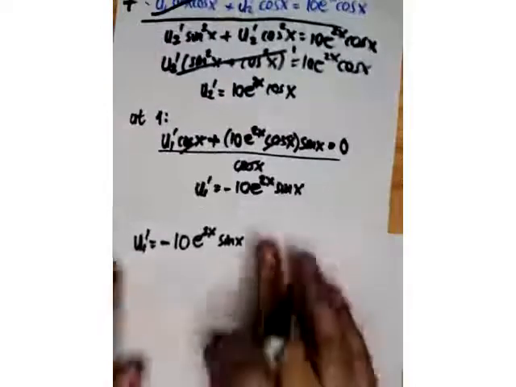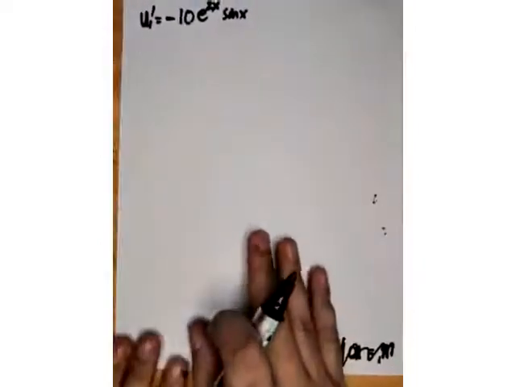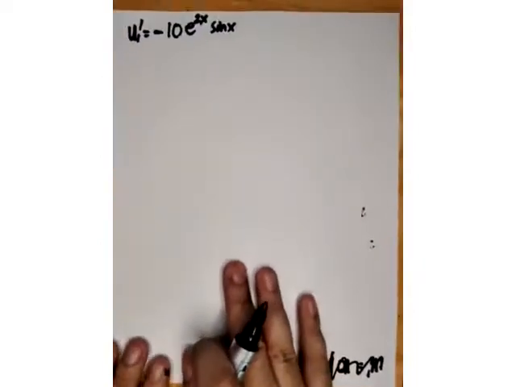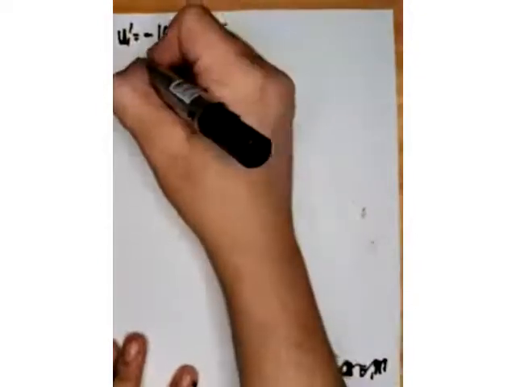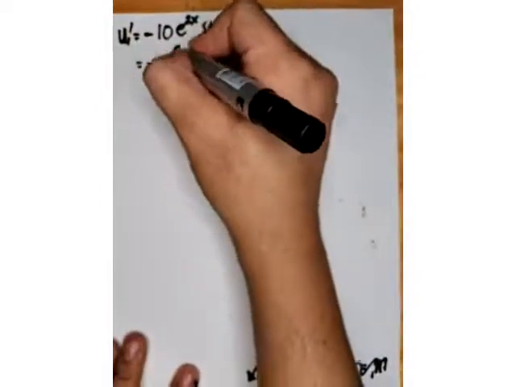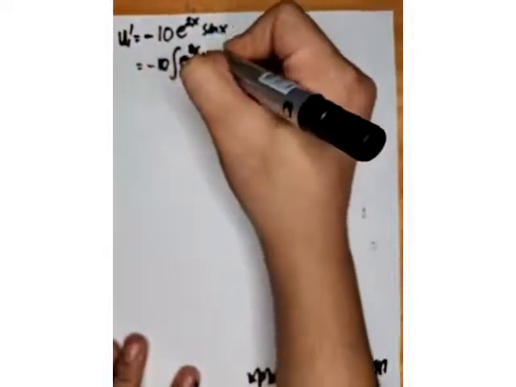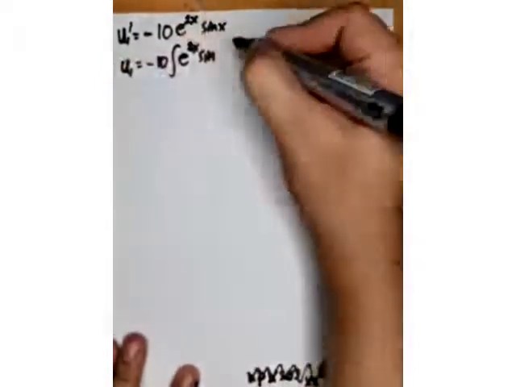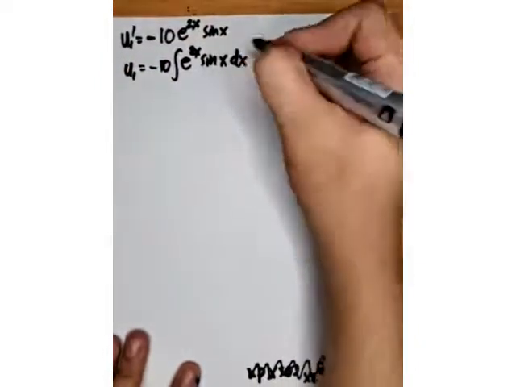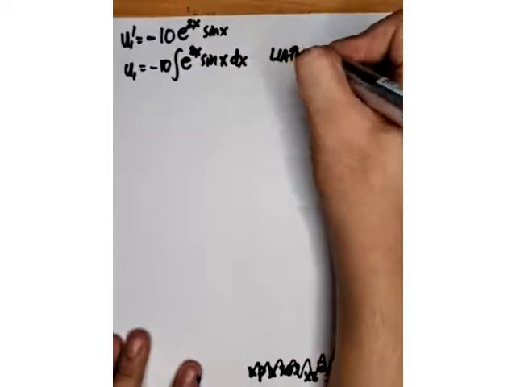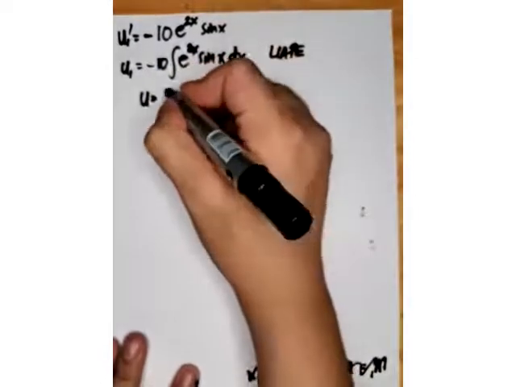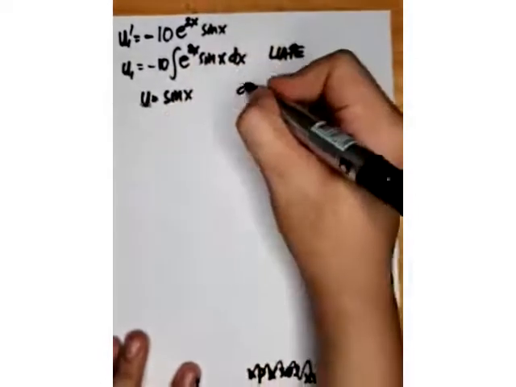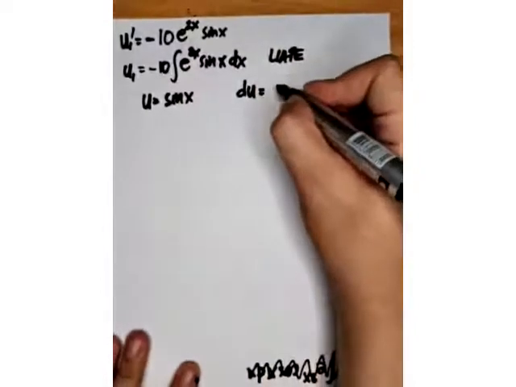So now we have U1 prime, and we integrate this. It's the same as before. We integrate by parts. That's equal to negative 10, the integral of e raised to 2x sine x dx to get U1. Using integration by parts, u is the trig function and dv is the exponential.